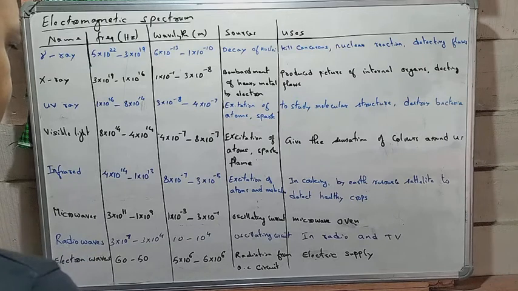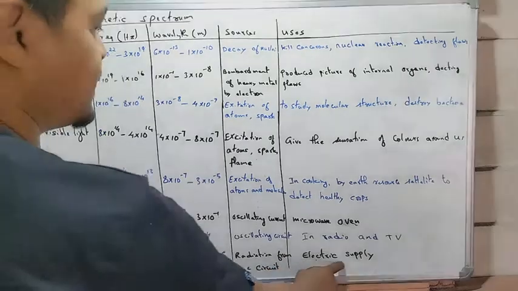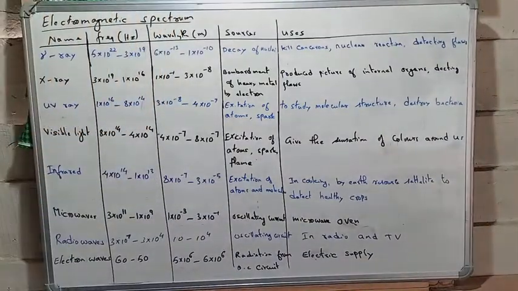This is the wave that we are using at home for electricity. It has this frequency and this wavelength, and with this frequency we get the electric supply at home. So that is how we use this wave as the electric supply at home. So these are about the electromagnetic spectrum, and with this we have come to the end of this chapter.